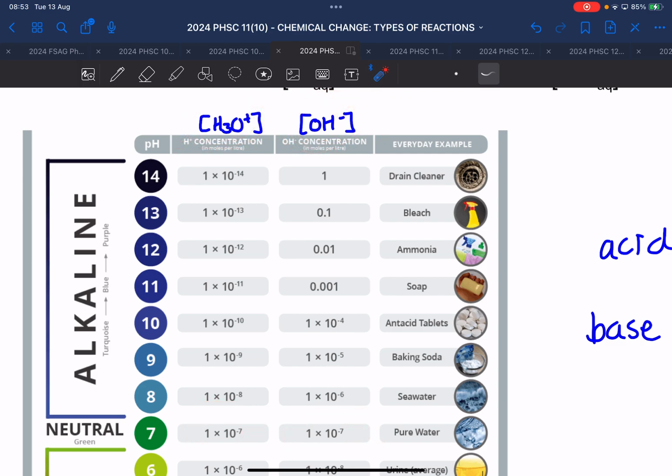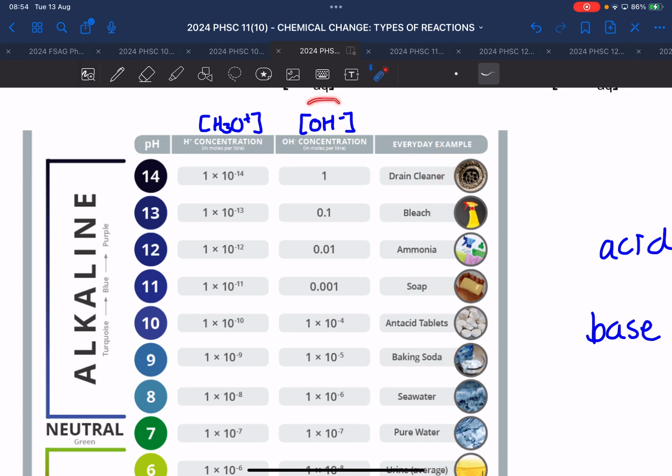Now let's go to something like bleach. Bleach is a base. You know that? Bleach, drain cleaner, soap, baking soda, things that you clean with, those are all bases. How do we know they're a base?